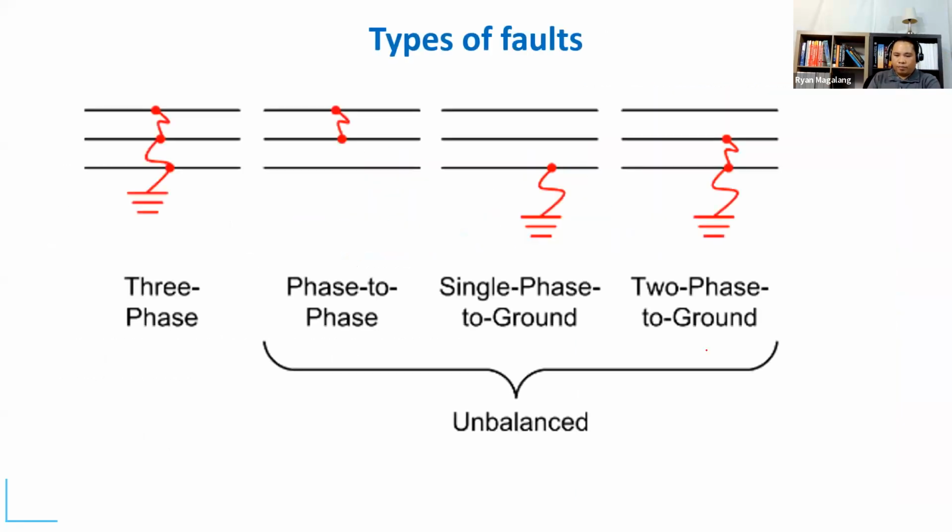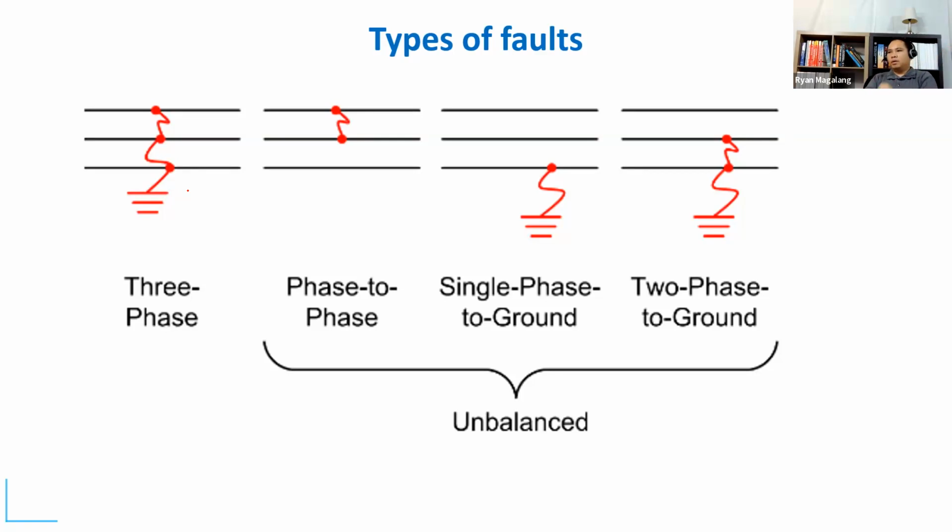So which are the types of faults? Generally we have 10 types of faults. You have your three-phase or three-phase to ground also, which is basically the same thing, because in a three-phase fault, all the phases are assumed to have the same magnitude, and they are spaced 120 electrical degrees apart.